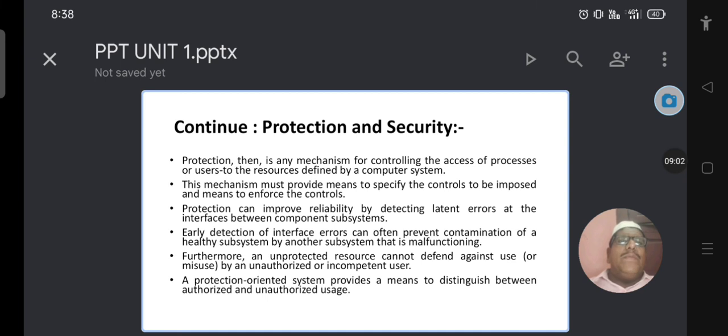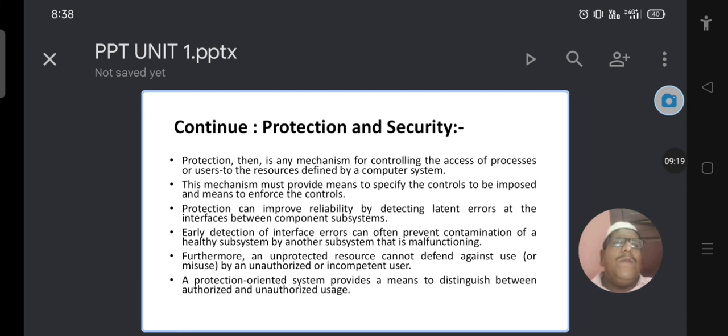Protection can improve reliability by detecting latent errors at the interfaces between component subsystems. Interfaces means user interfaces and component subsystems.